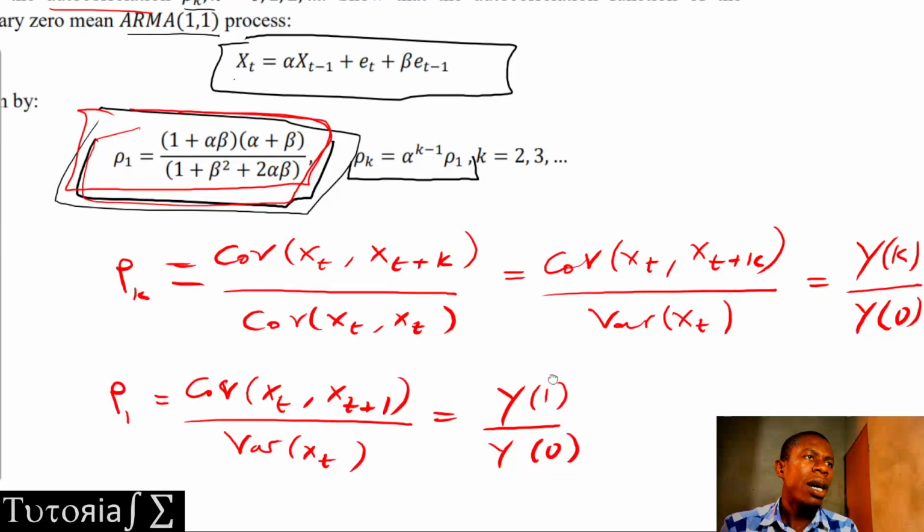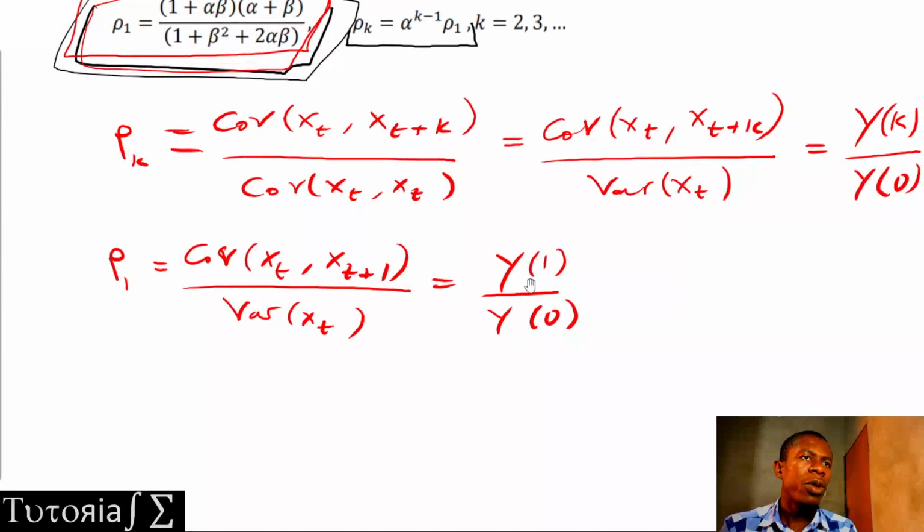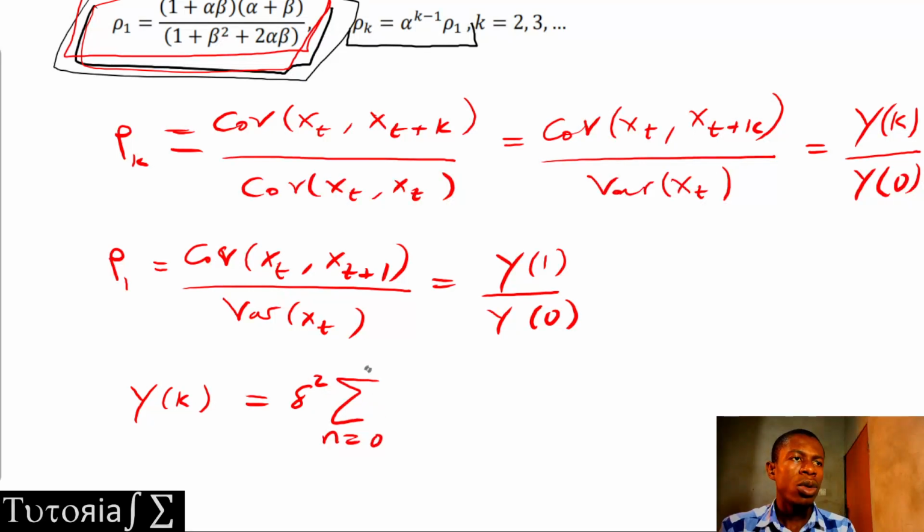So how are we going to find gamma 1 and gamma 0? We also know that the covariance is given by the variance, that is the standard deviation squared, times the sum from 0 to infinity of some arbitrary constants, with the modulus of a so that a is positive. For gamma 1, we plug in k equals 1.